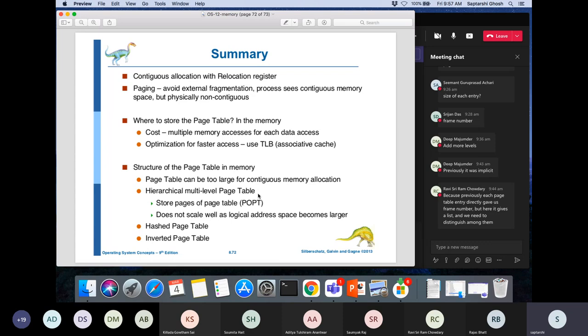So paging has several advantages, like avoiding external fragmentation. Also, the process actually sees a contiguous memory starting at 0. Physically the memory is non-contiguous, stored in different frames, but the programmer's view is very simple: a contiguous memory address space starting with 0. So paging has lots of advantages.